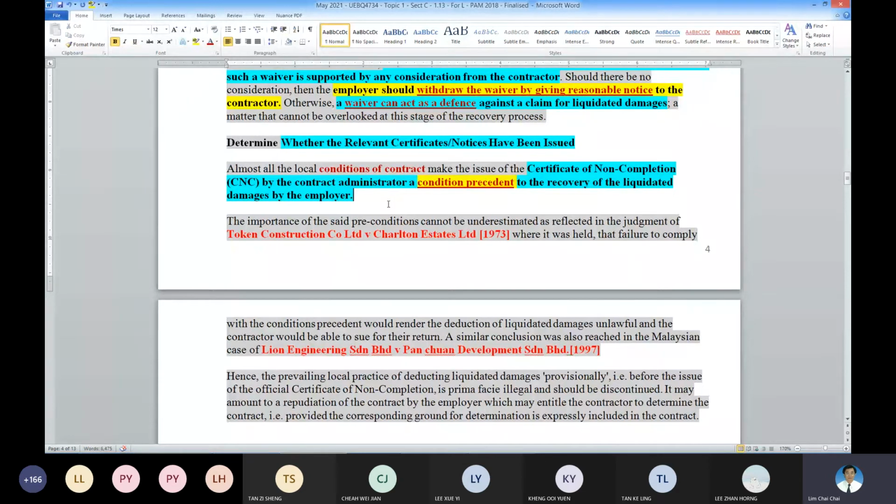Because it is a precondition. Precondition means mandatory to be complied with. If you fail to comply, it renders the imposition of LD unlawful. So this is very important. If you want, there is a Malaysian case law to support this.